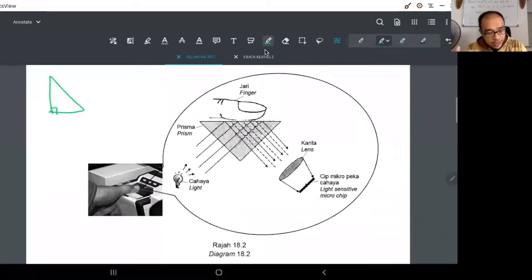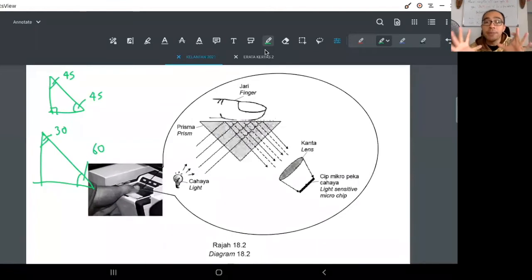It's either here is 45 and here is 45, or something like this, here is 30 and here is 60. Now for total internal reflection to occur, you have to use the best one. The best one is to use 45, 90, 45.